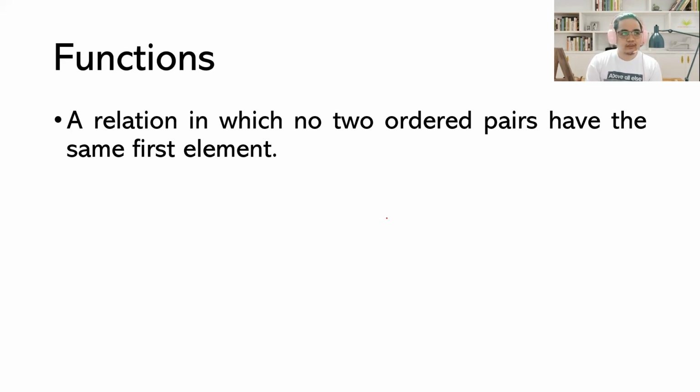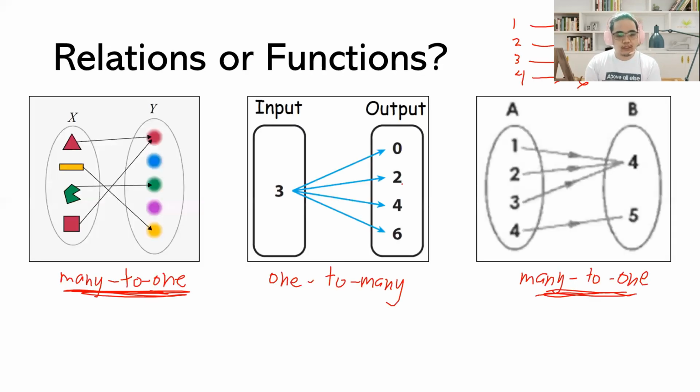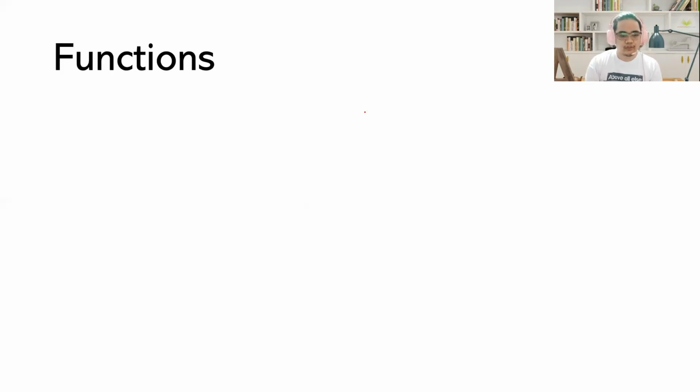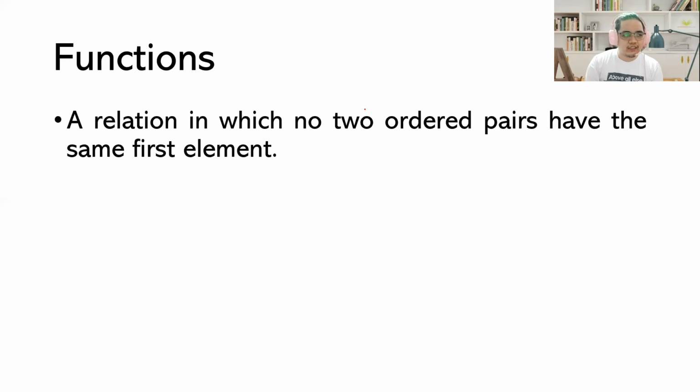So you cannot have ordered pairs wherein the first elements are the same. Because if they are the same, like for this one, we have here 3 paired to 0, and 3 also paired to 2, right? Based on this example. So it is no longer a function. Okay? So that is what we call a function. The first element must not repeat.